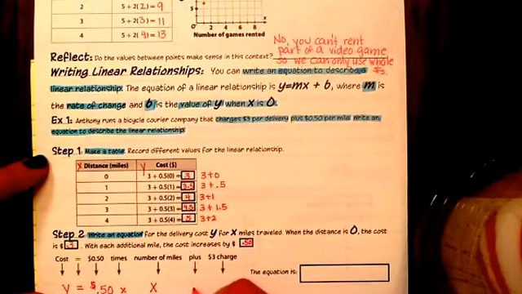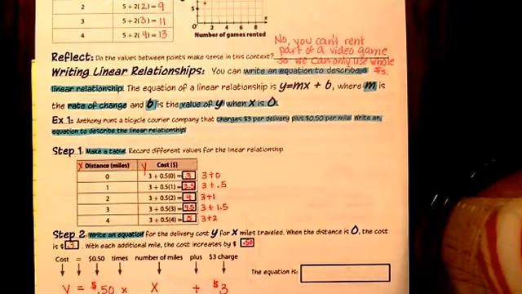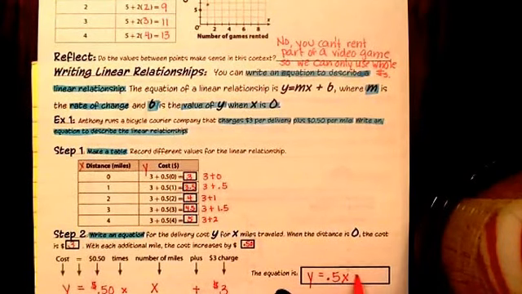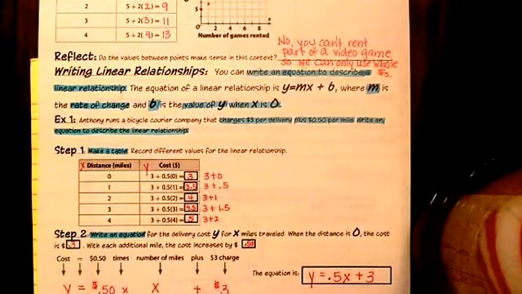Plus means we're going to add that $3 charge. So now I can write my equation. I'm going to have y equals 0.5x plus 3. Now, notice that I dropped the multiplication sign.